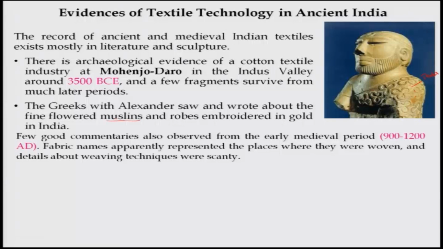That is the beauty of what India was having, not like mill cloth where all the designs will be similar. People were having their own speciality, and that is why in various regions these cloths were woven. Details about weaving techniques are scanty, because unfortunately the methodologies were not recorded properly.